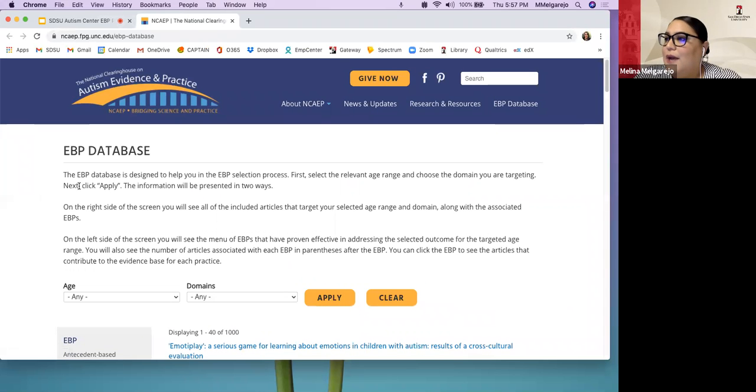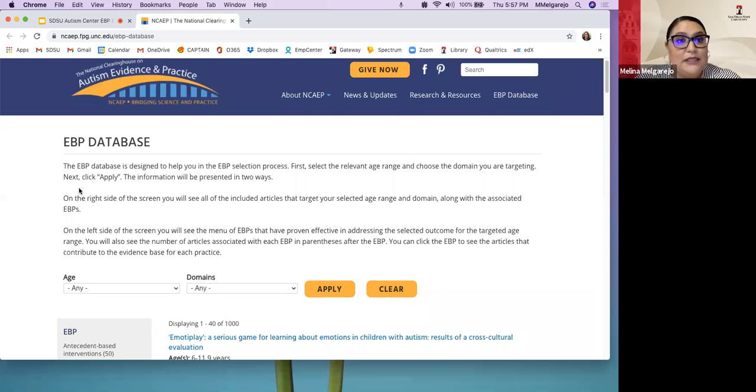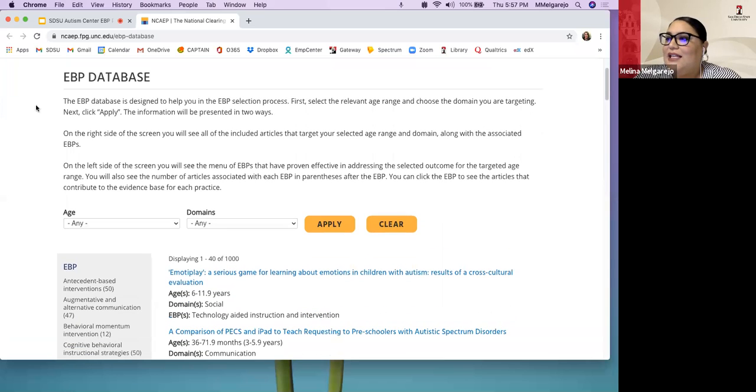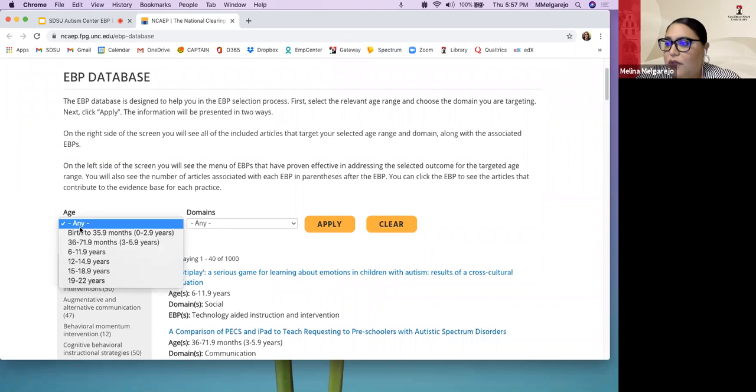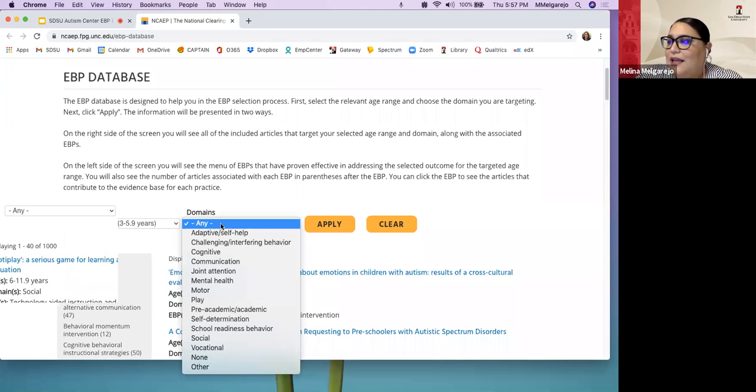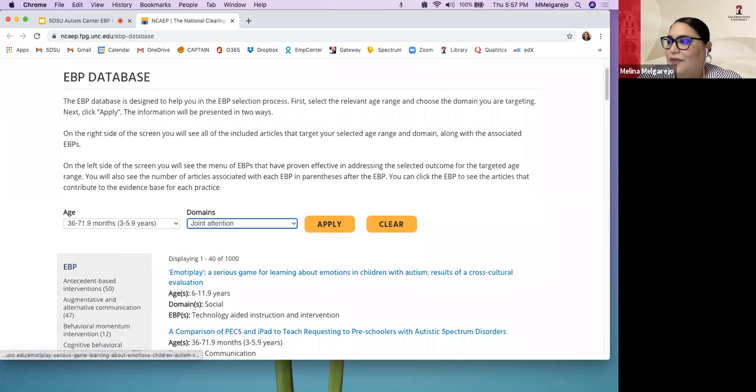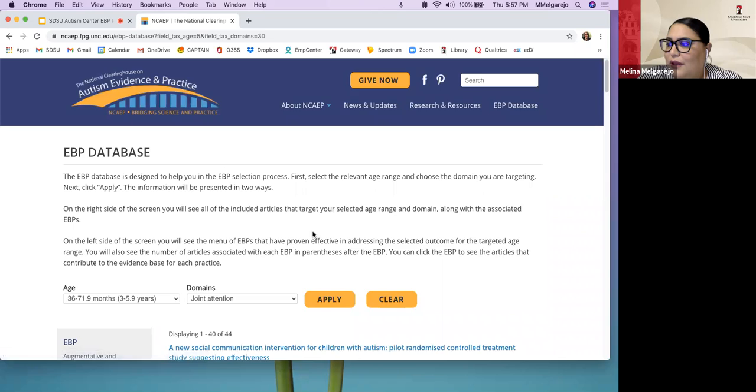So this is what the EBP database looks like. And what you do is, again, you pick an age. So let's go ahead and pick 3 to 6, the 3 to 6 age range. And let's pick joint attention as our goal area. And then you're going to go ahead and click apply.